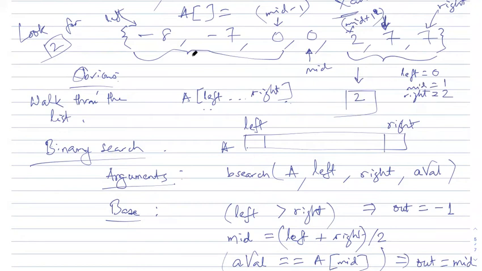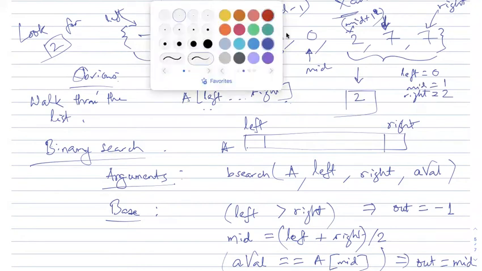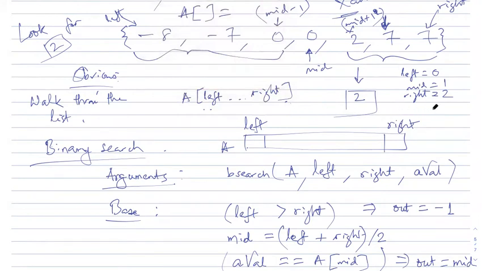So after this step, let's say we are looking for not 2, but let's say 3. So what are we going to do here? The midpoint is 7. So we are looking for 3 here. Because 3 is less than 7, we are going to look on the left hand side.